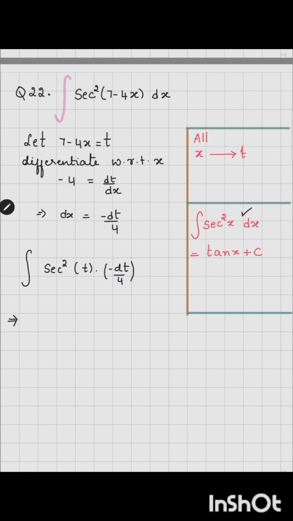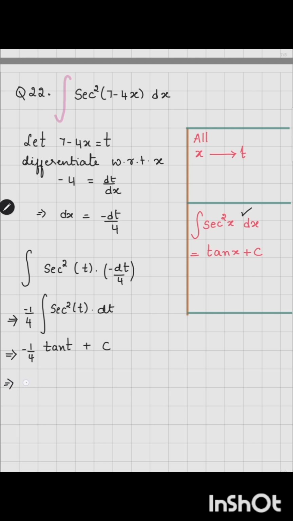Now this implies, minus 1 by 4 is a constant, so we will write it outside, and this is the integral of secant square t dt. Now this implies minus 1 by 4, the integral of secant square t is tan t plus the constant of integration.